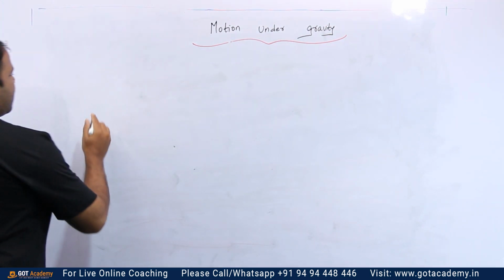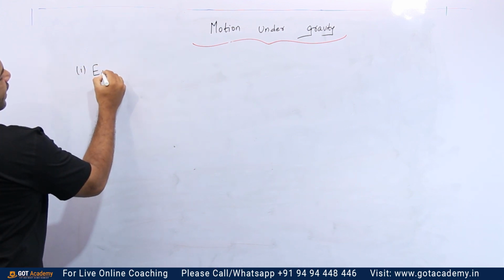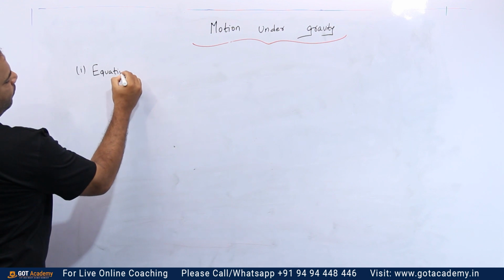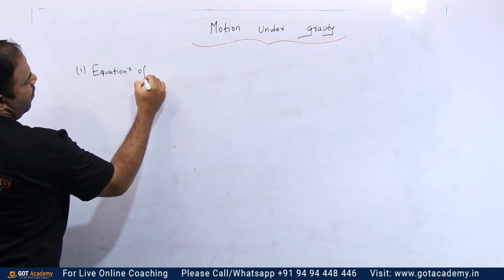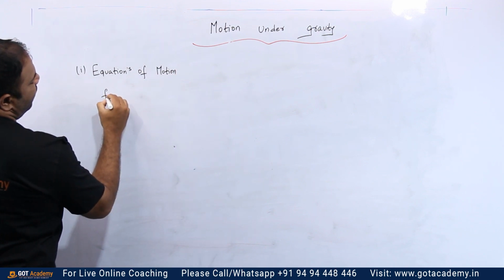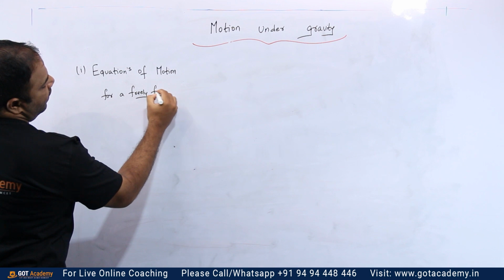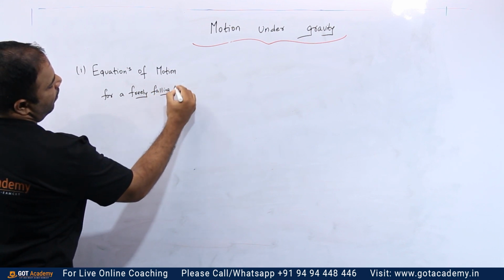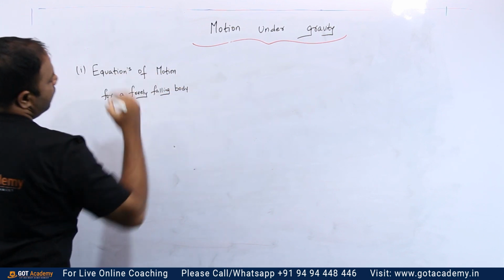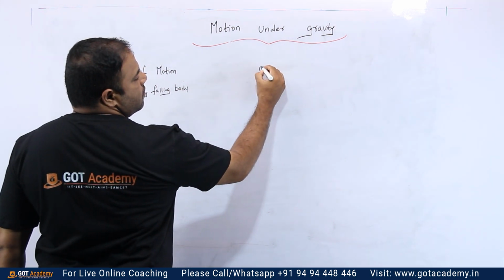In this, we are going to study 3 different cases. That is, equations of motion for a freely falling body. Now there is a body like this.